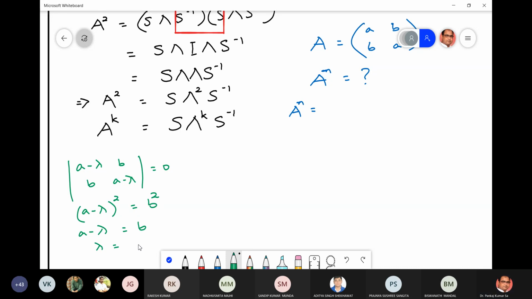Now, in another way, if you see this one, square root, we are finding plus minus, so another lambda would be a plus b.